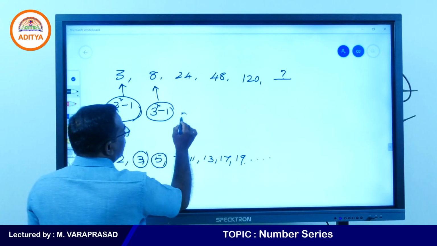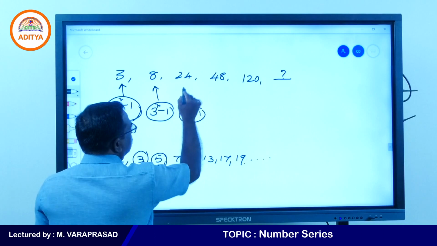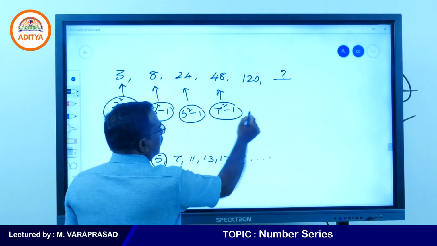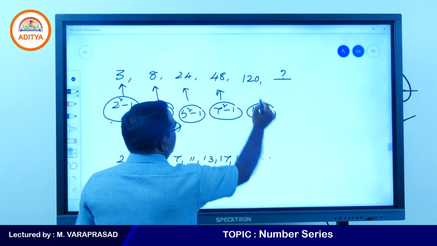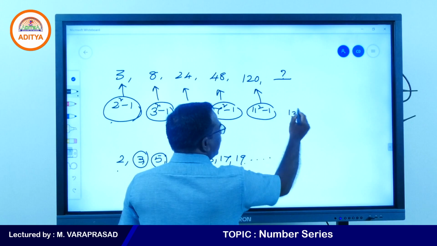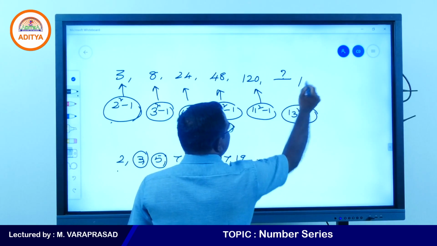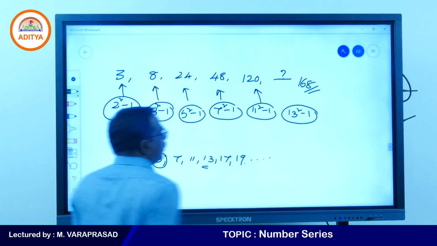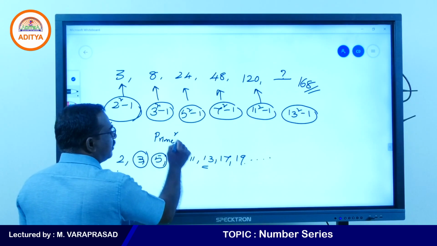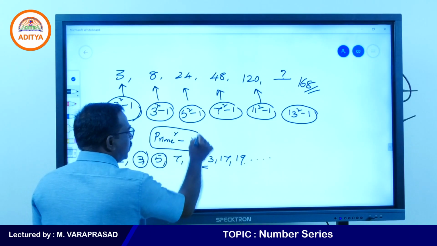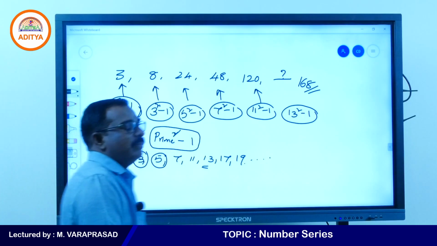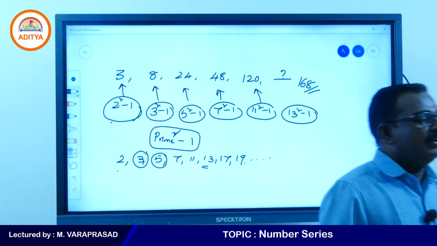So 5 square minus 1, 7 square minus 1, 11 square minus 1, and you will get 13 square minus 1, which is 168. Prime square minus 1 is the process, the rule, the pattern.